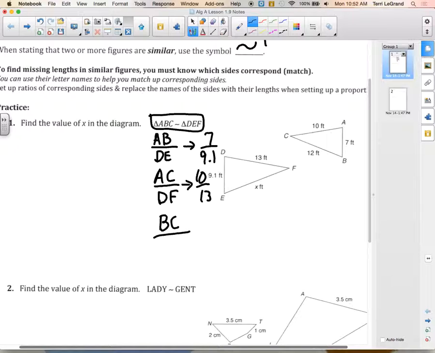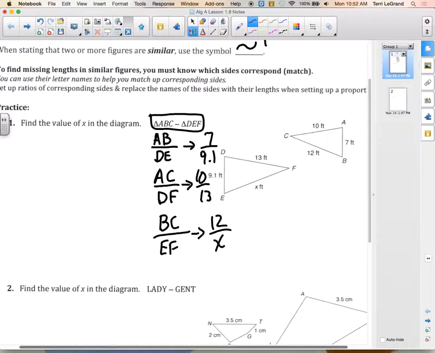And then BC corresponds with what, Jossie? EF. Okay. Do we know the length of side BC? What is it? 12 feet. 12, okay, 12 feet. And do we know the length of side EF? No, it is X. X. Okay.